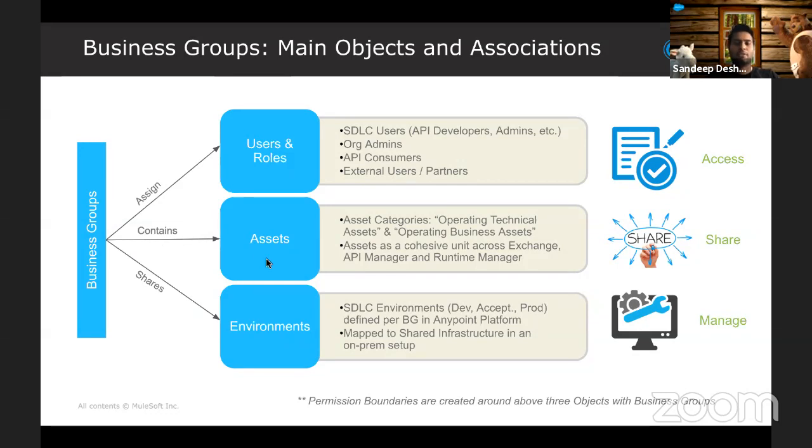Every business group will have its own private Exchange, its own Runtime Manager, and Design Center as well. So the assets will not be shared across different business groups. And as I mentioned, environments are something you create within a business group, and the same structure is not copied. You will need to create dev, prod again in a second business group.